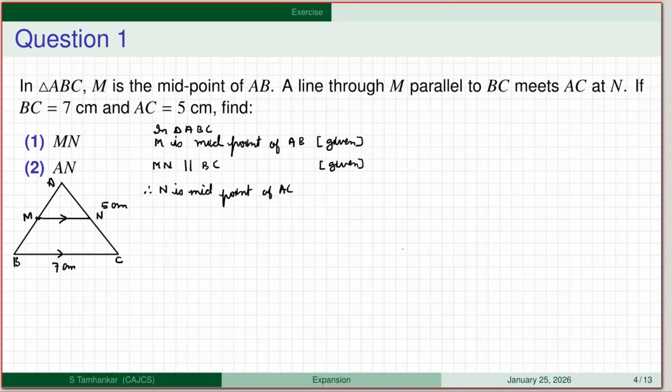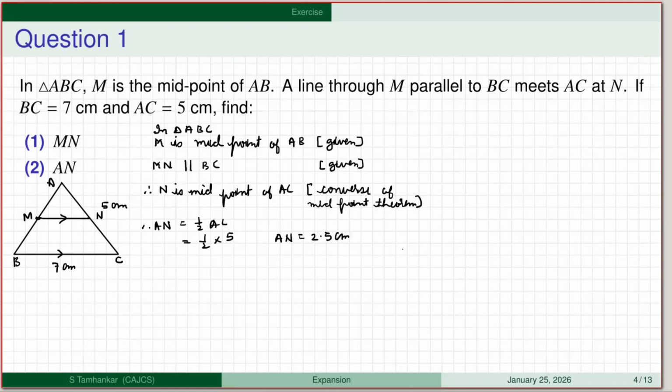The reason I'm going to write is the converse of the midpoint theorem. This is not the midpoint theorem, but the converse of it. So we get that N is a midpoint. Therefore, AN will be half of AC, that is half of 5, and we get AN equal to 2.5 centimeters.